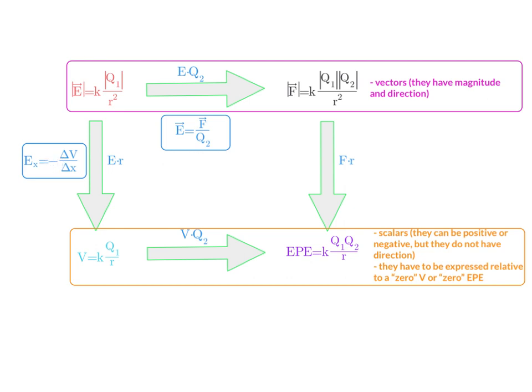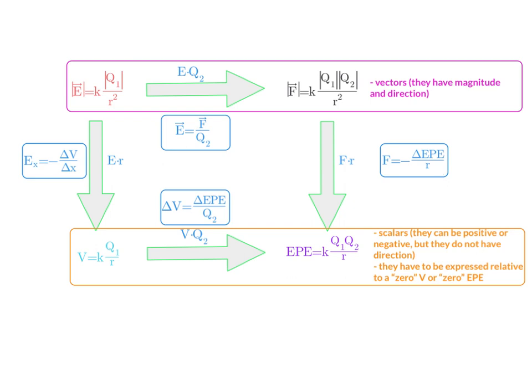You can think of that when you're thinking of the electric field lines going away from positive and the electric field decreasing. If my delta V is from a farther distance from a charge minus a closer distance to the charge, then the negative sign brings the electric field back to a positive value. And then delta V is delta EPE divided by Q2. And last but not least, the force is the negative change in energy divided by R.